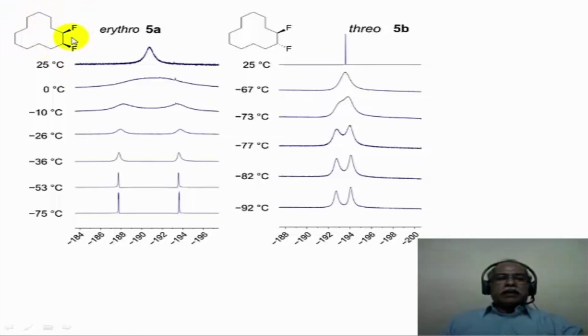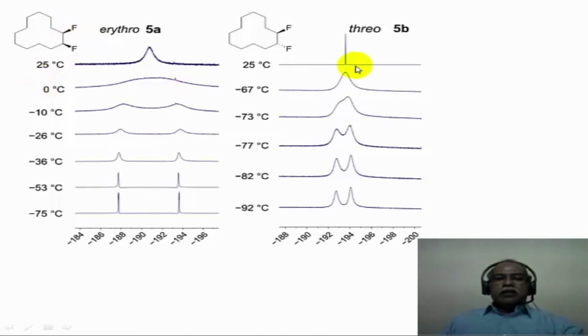This is a large macrocyclic ring, so it should undergo a rapid conformational change because the size of the ring is fairly large. These two fluorines are in the erythro isomer and these two fluorines are in the threo isomer. As it is in the erythro and threo, the two fluorines are not distinguishable. They are nearly identical in chemical environment with respect to each other.